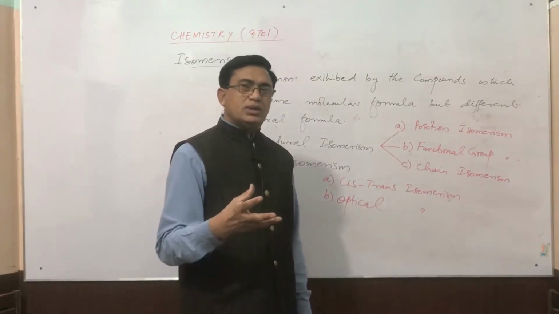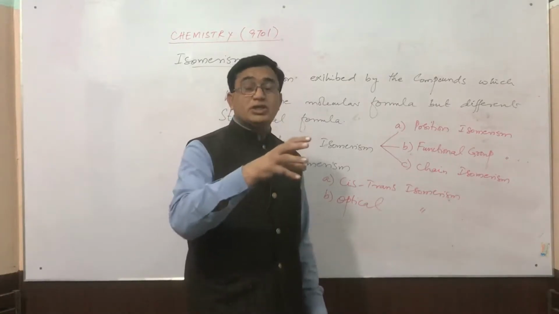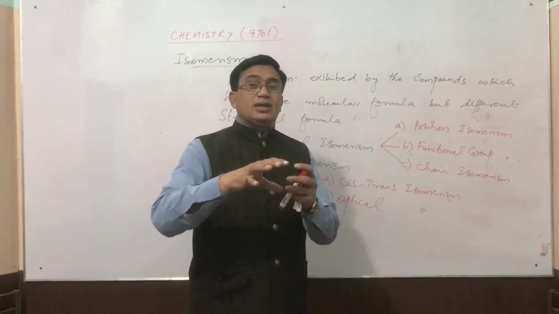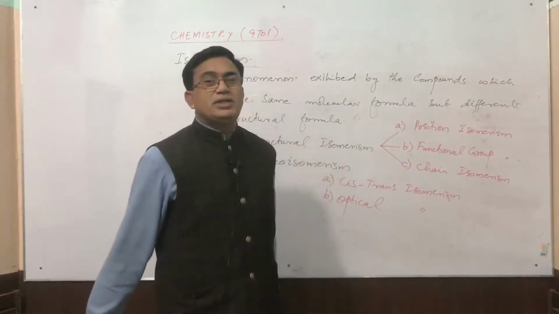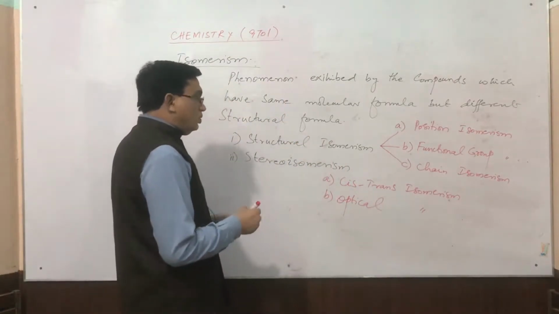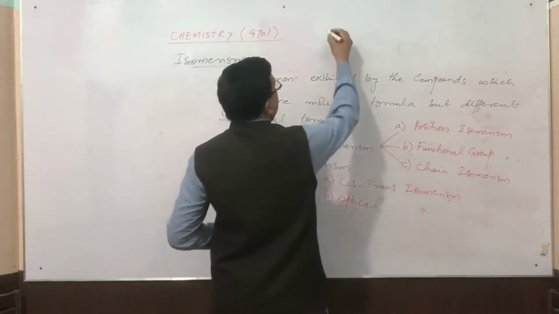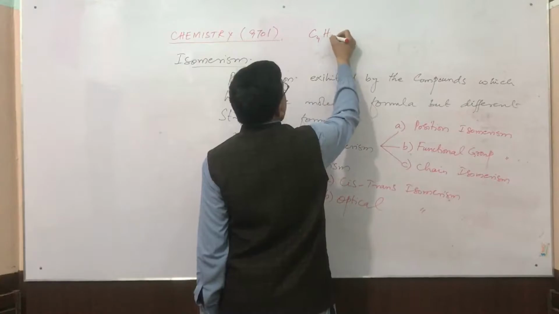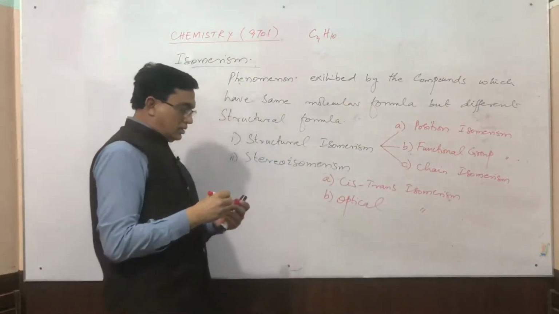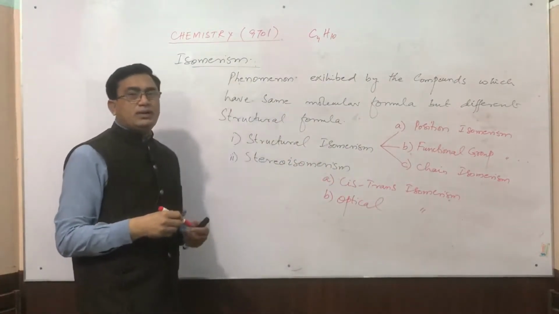Structural formulas are those formulas in which each carbon is treated as a single separate entity, rather than being represented in molecular form. For example, C4H10 is the molecular formula of butane.